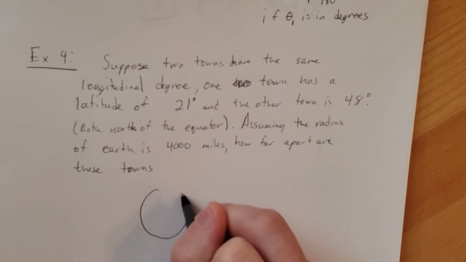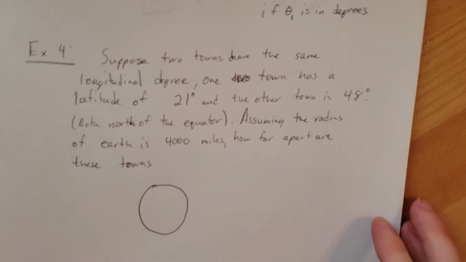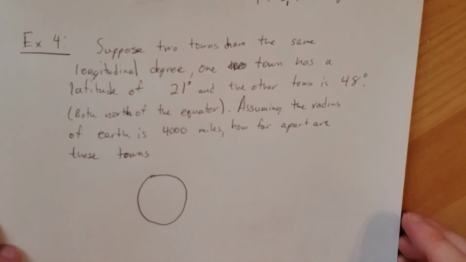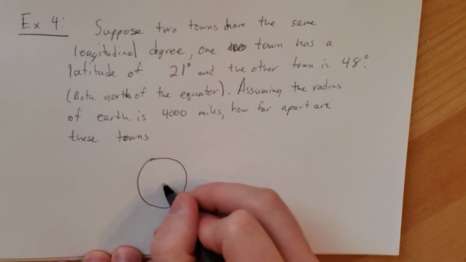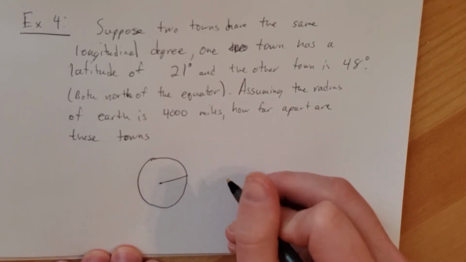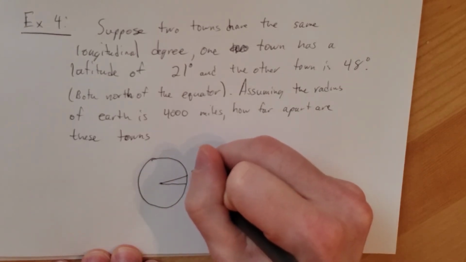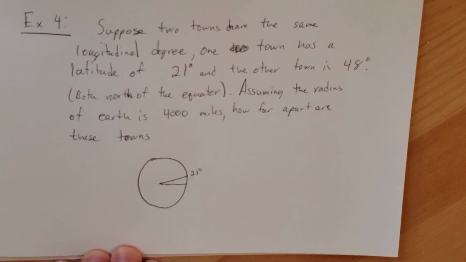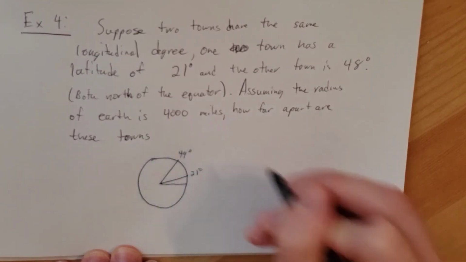And if we make a cross-sectional cut on the Earth at that longitudinal degree, because these towns have the same longitudinal degree, then one of the towns is at 21 degrees. Another town is at 49 degrees.